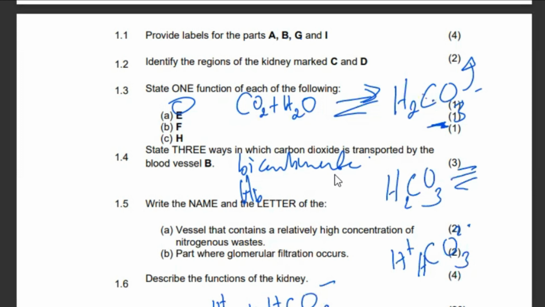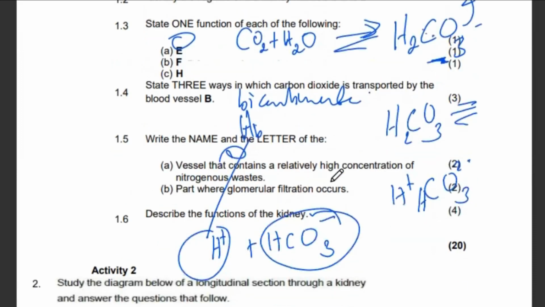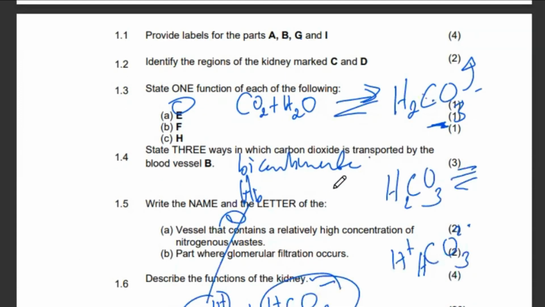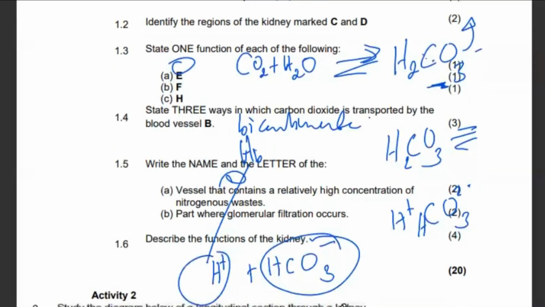That's why we say bicarbonate can be transported like this. So it can be transported as a solution, as carbohemoglobin, and as bicarbonate ions.